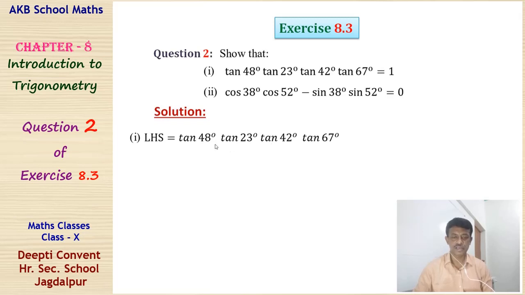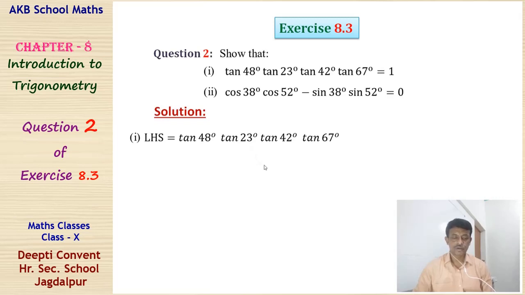You can see here that 48 and 42 are complementary angles, and 23 and 67 are complementary angles. That means 42 can be written as 90 minus 48, and 48 can be written as 90 minus 42. 23 can be written as 90 minus 67.